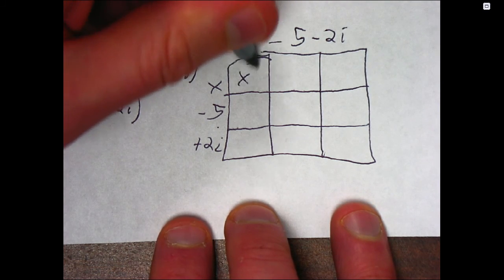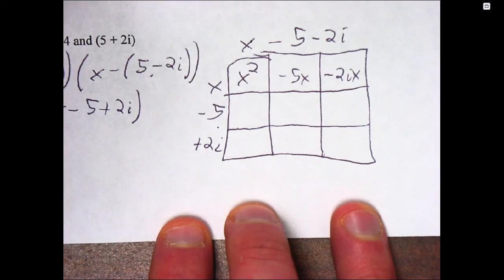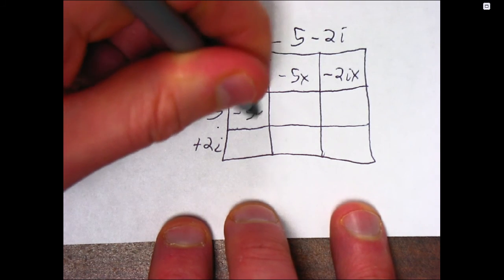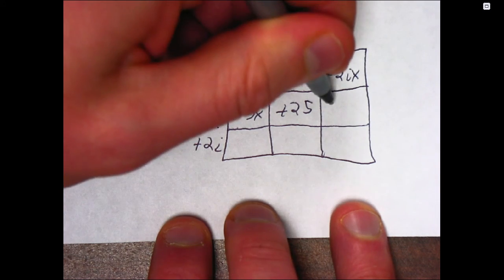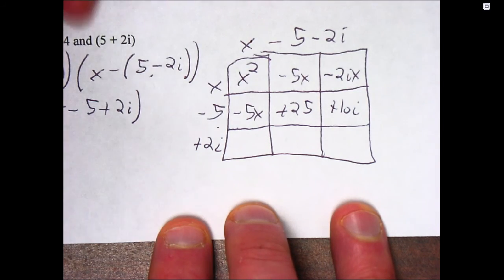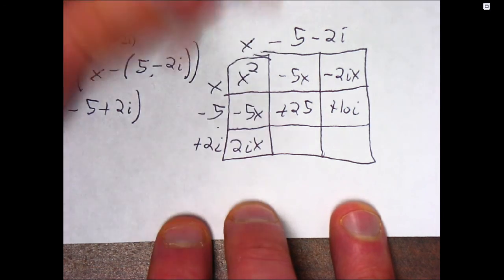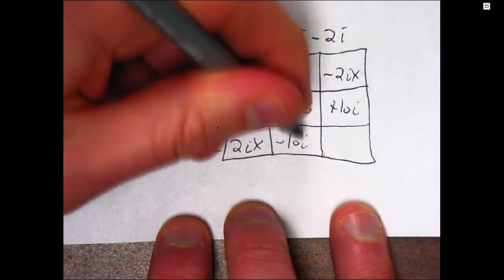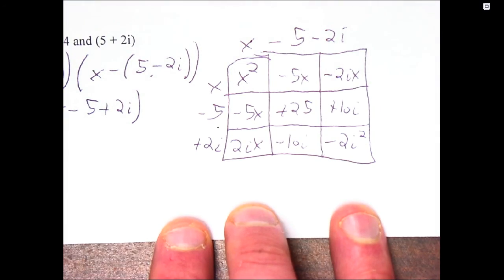So x times x is x squared, minus 5x, minus 2ix, minus 5x, plus 25, plus 10i, plus 2ix, minus 10i, hopefully I'm not making any mistakes here, minus 2i squared.